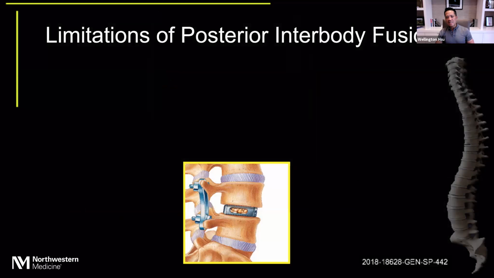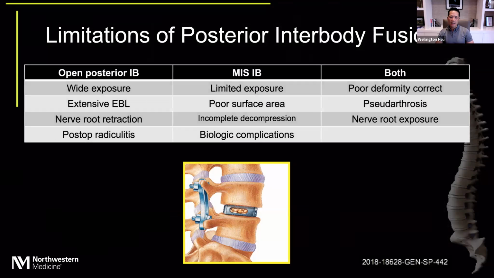Okay, but there are limitations of posterior interbody fusions. If you look at open versus MIS versus both, there are limitations for each. So pore surface area compared to lateral versus anterior, you're not going to correct deformity. There is nerve root retraction. There's post-op exposed.